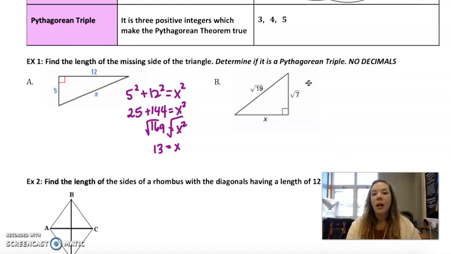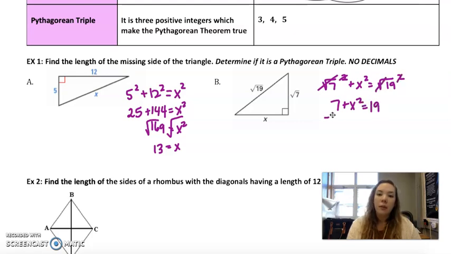Now on B, they're giving us simplified radical sides. So I have a leg of root 7, a leg that's x, and a hypotenuse of root 19. Now remember, square roots and squares are opposites. So this will come out to be 7, and this will come out to be 19. So then from here, I want to subtract 7 from both sides.